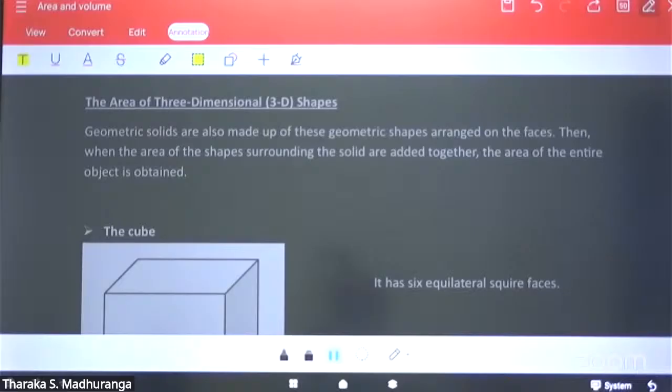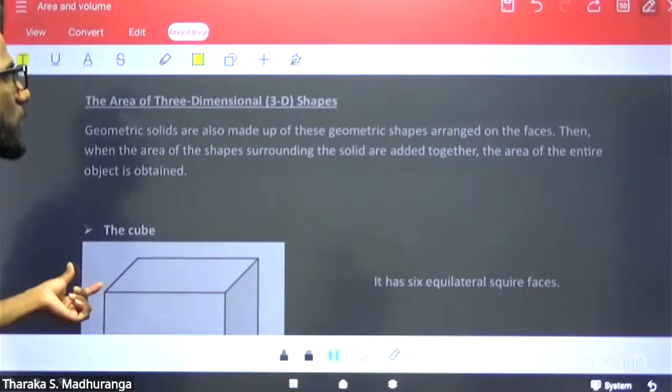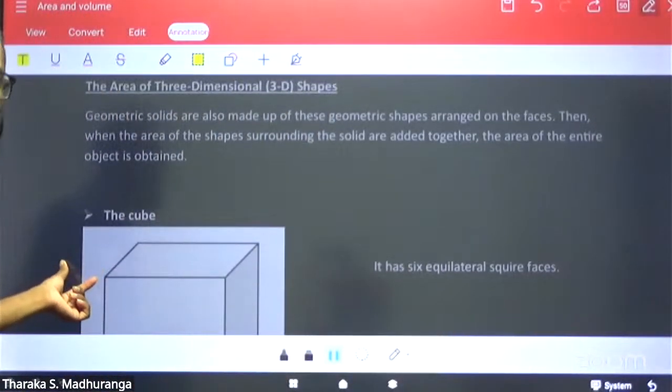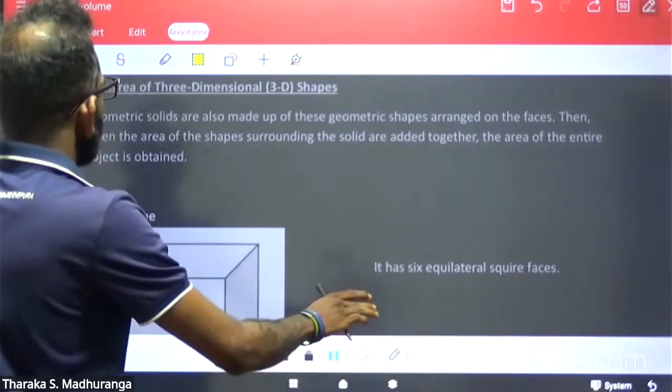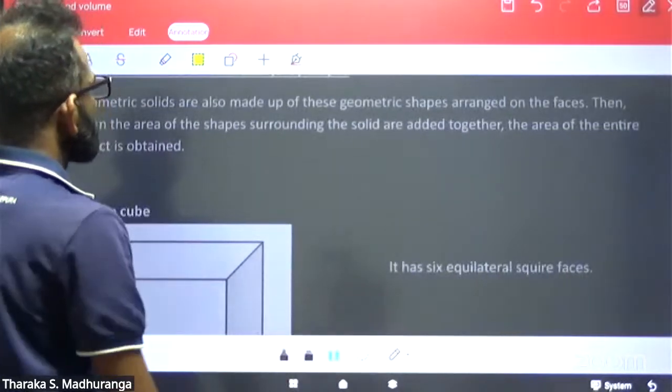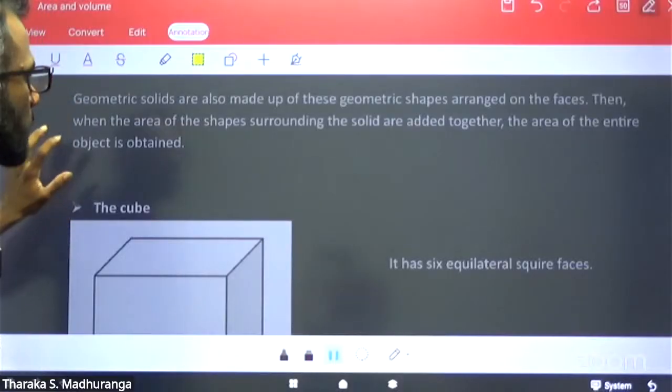Okay, write down the topic: the area of three-dimensional objects, 3D objects or 3D shapes. Geometric solids are also made up of geometric shapes.